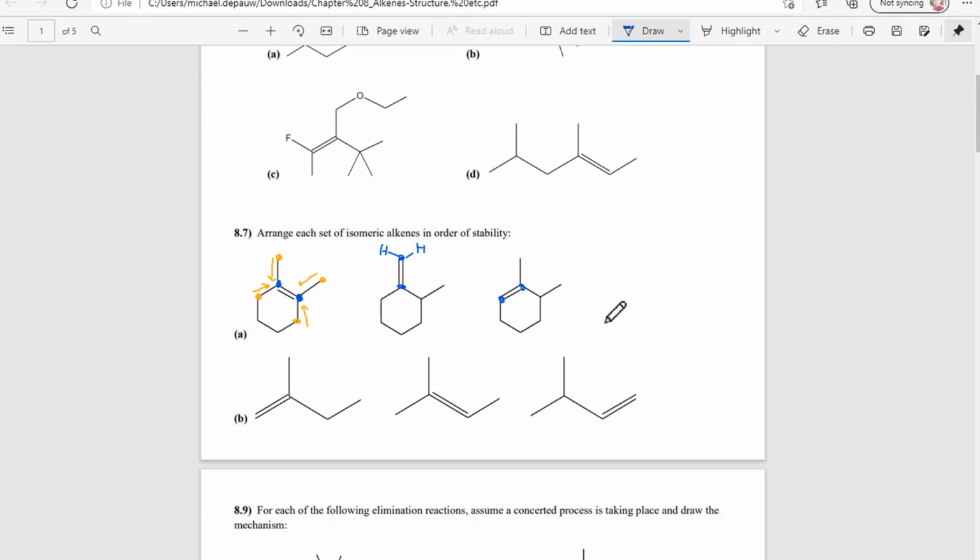Trisubstituted. So in order of stability, from least stable to most stable, this would be 1, the least stable, 2, the second least stable, and 3, the most stable.